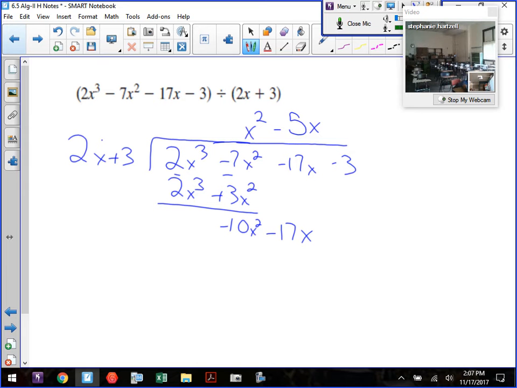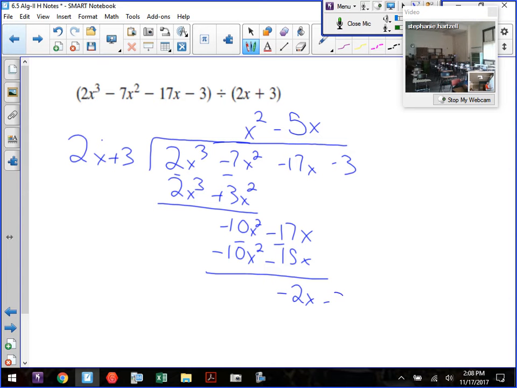Distribute the negative 5 to both parts. You get negative 10x squared minus 15x. The 10x squareds go away because it's negative 10 minus a negative 10. Negative 17 minus negative 15 is negative 2x.